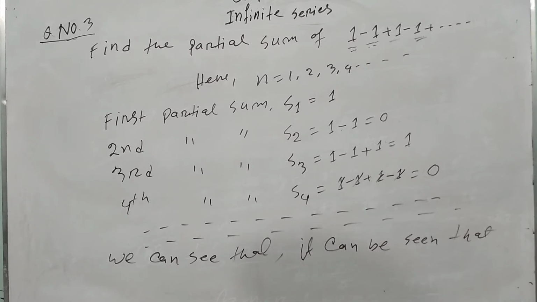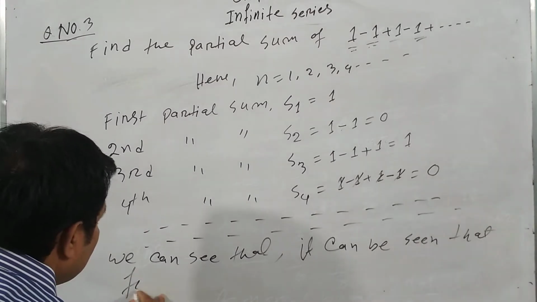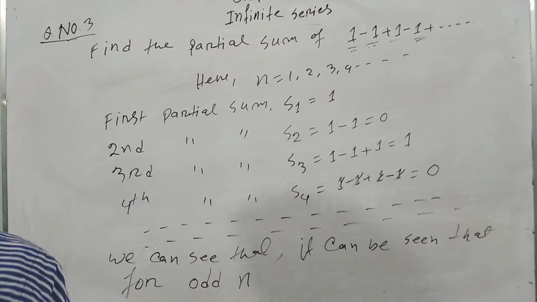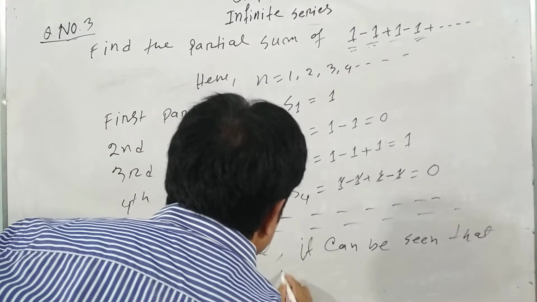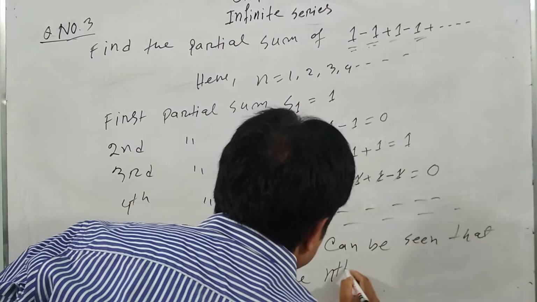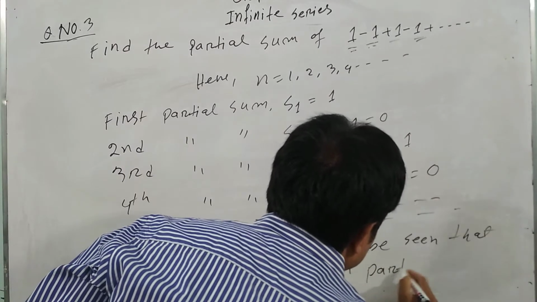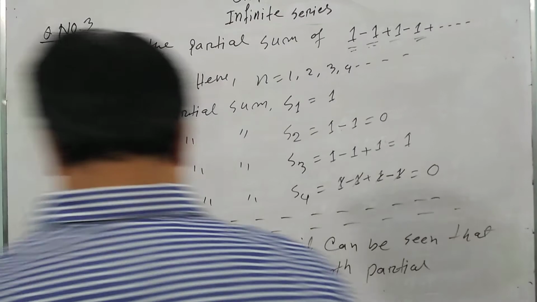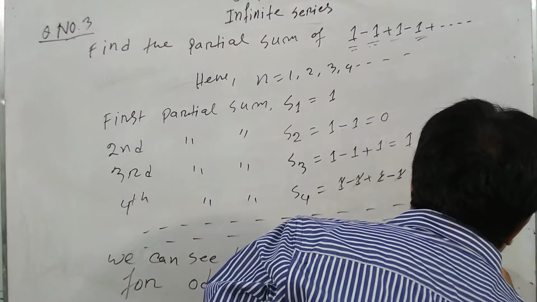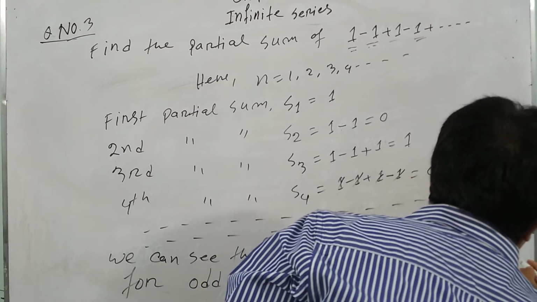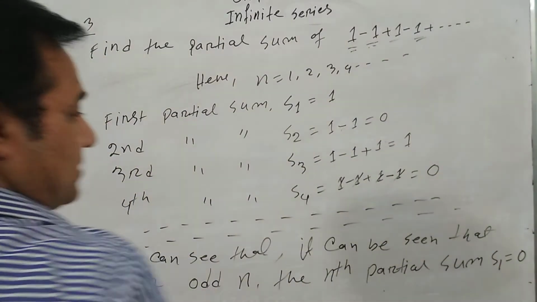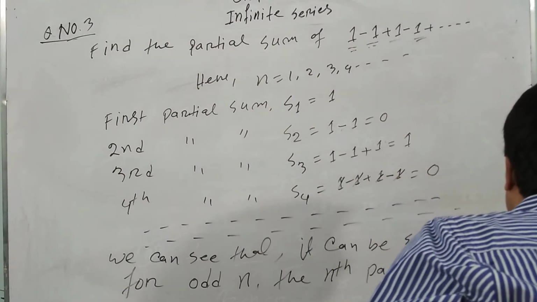It can be seen that for odd n, the nth partial sum S1 equals 1, not 0.